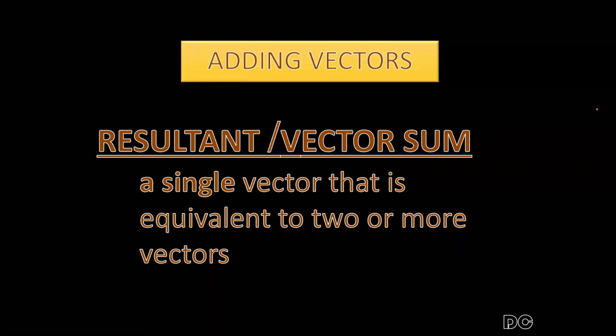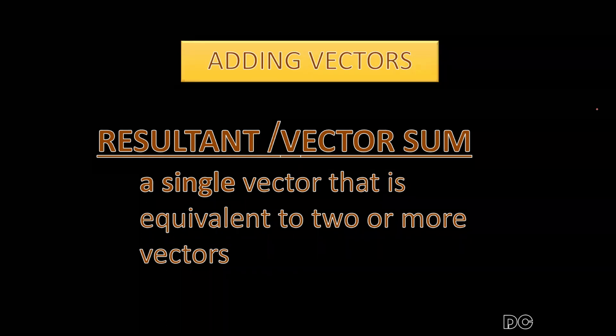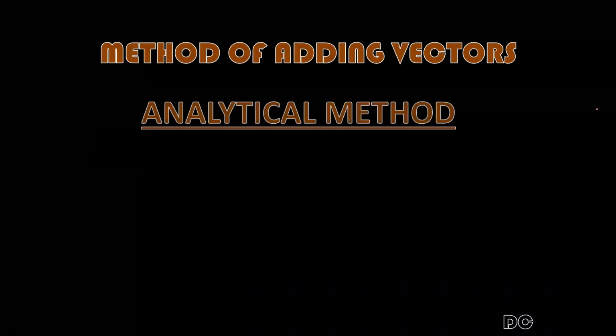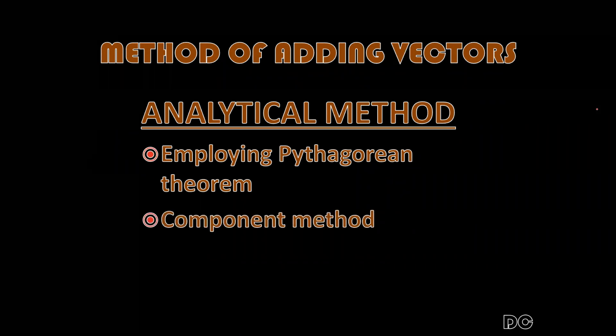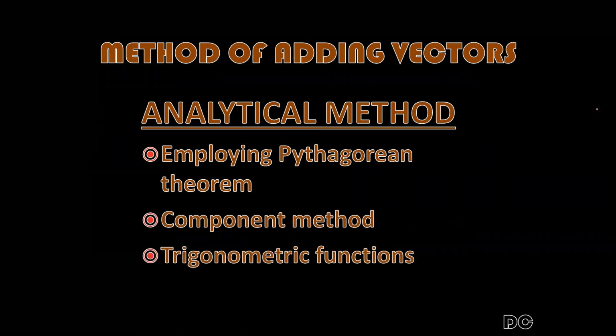And how to add vectors? Okay, to add vectors, we have the analytical method. So the method of adding vectors, first we have the analytical method. And in this analytical method, we have three types, and that is employing Pythagorean theorem, the component method, and the trigonometric functions.